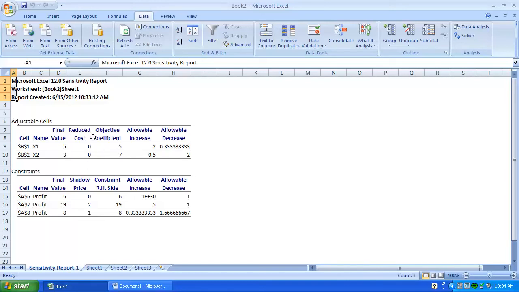The reduced cost is basically the change in the coefficient of that decision variable that would be necessary in order for that decision variable to become part of the solution. Well, both of these decision variables are in fact part of the solution. We are producing 5 and 3 respectively of product 1 and 2. So that's a 0. Nothing has to happen to the coefficient in order for that to become part of the solution. Well, let's look at that and make some more sense out of it.